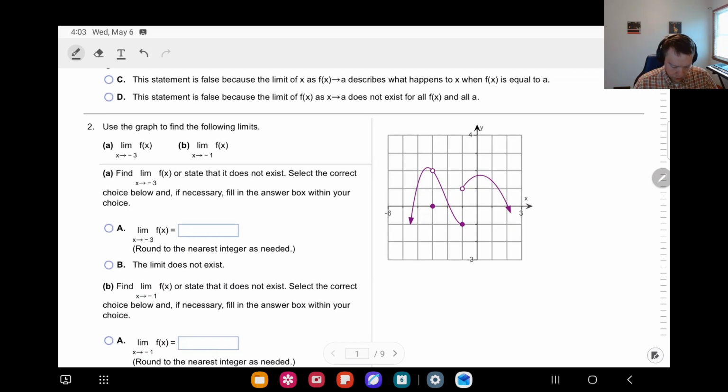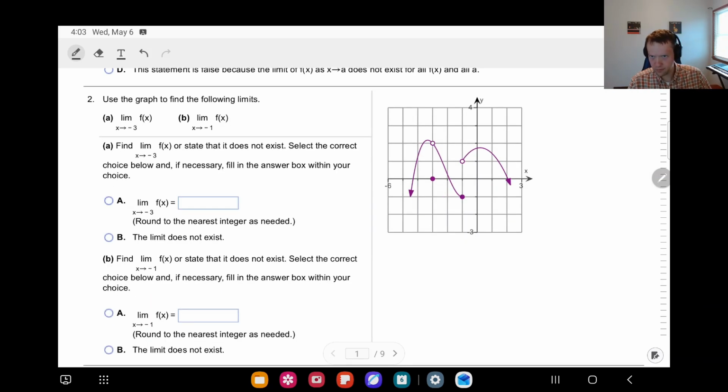All right, for number two, and we'll see this in action here, we are looking for limits. So, first up, what's happening as x approaches -3? Well, here is the x value, -3. And again, what matters is where you're headed. Notice that as we get close to x equals -3, we're headed to this point right here.